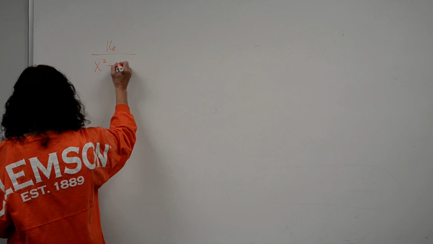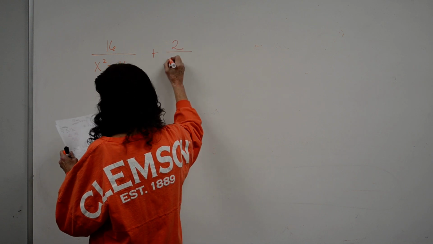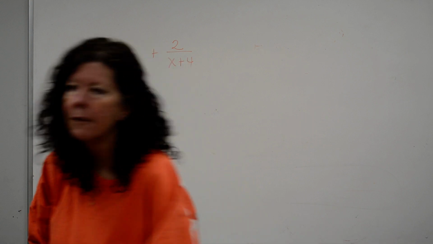And this is all addition and subtraction as opposed to what you were just doing, which was multiplication. Whole different ballgame. On addition and subtraction, you've got to have a common denominator.